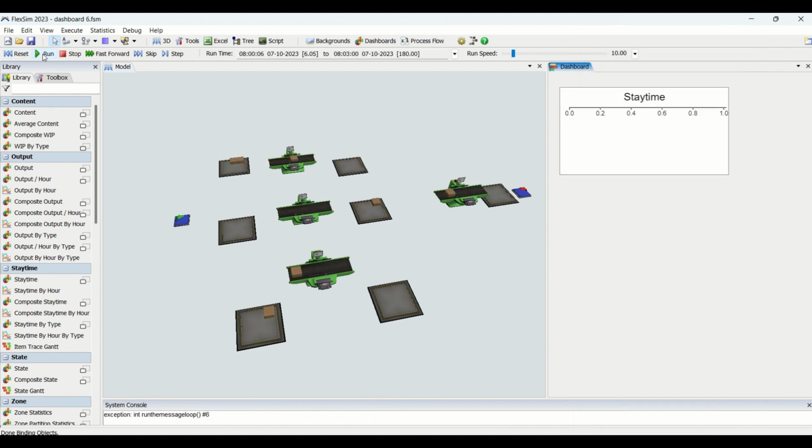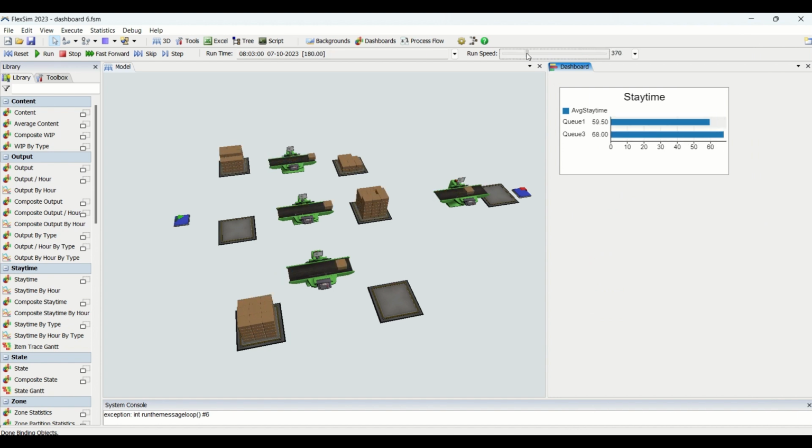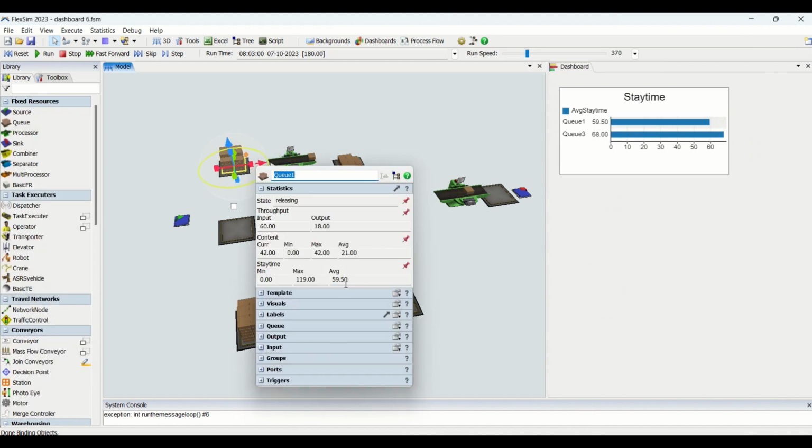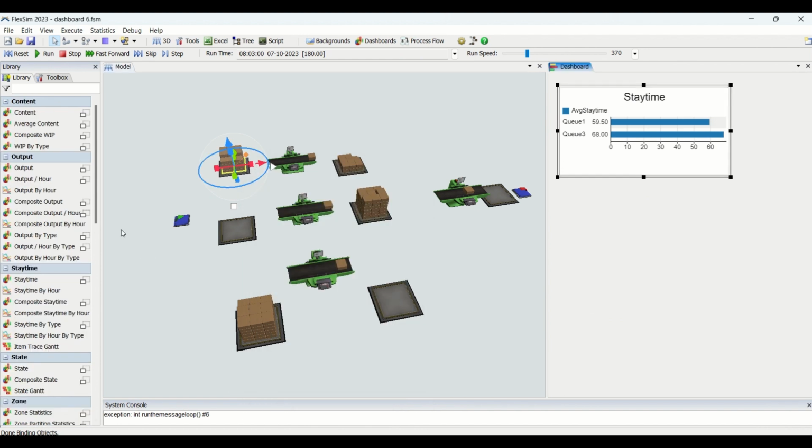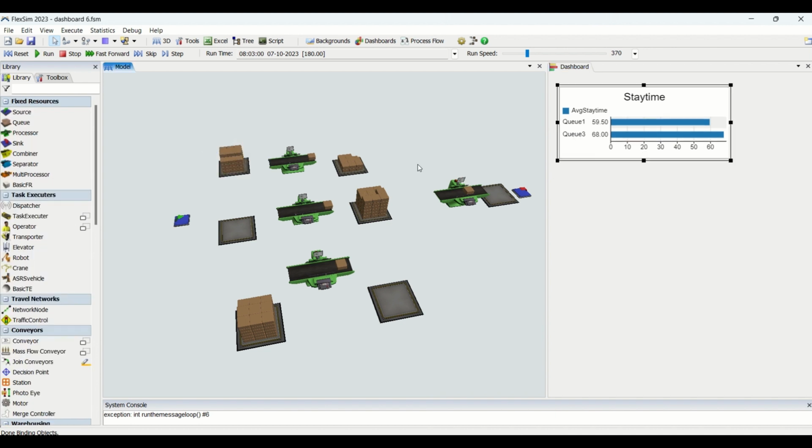I'll reset and run, and you will see the stay time coming here. Basically the stay time graph which we select from this gives us an average stay time for a particular buffer, station, or location.